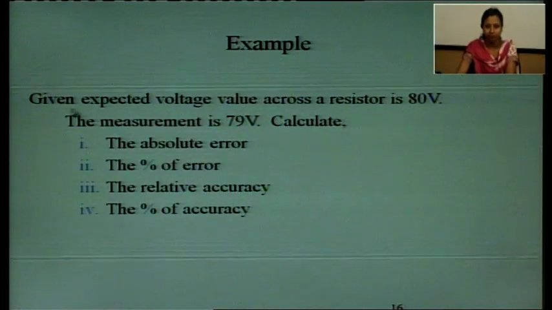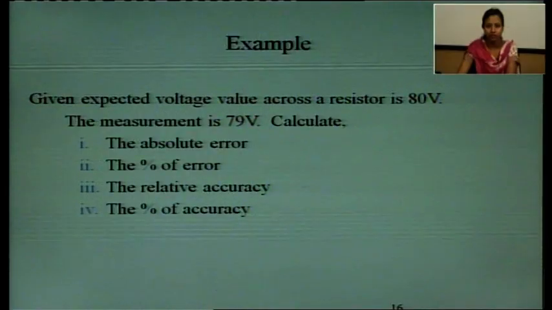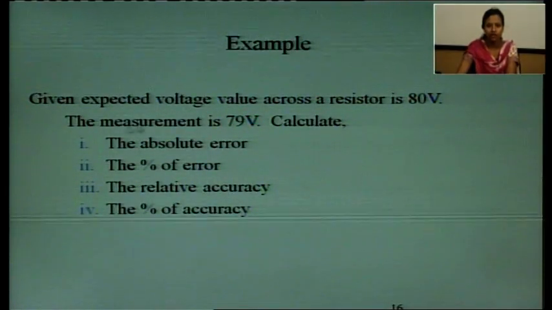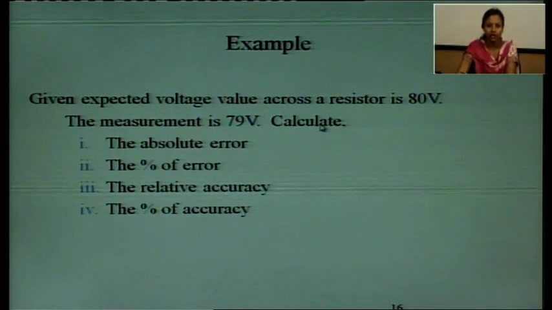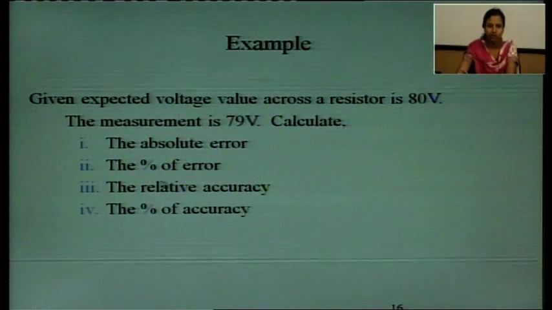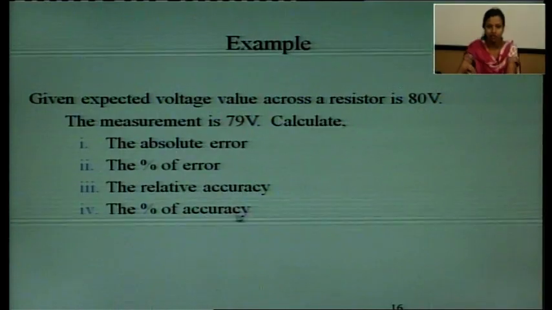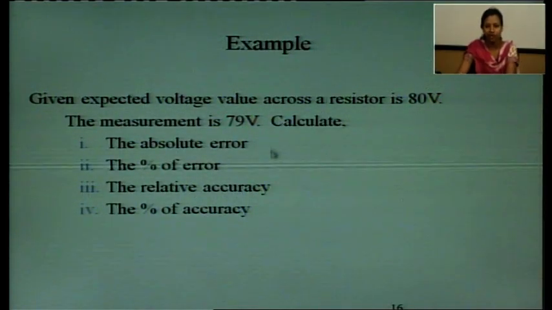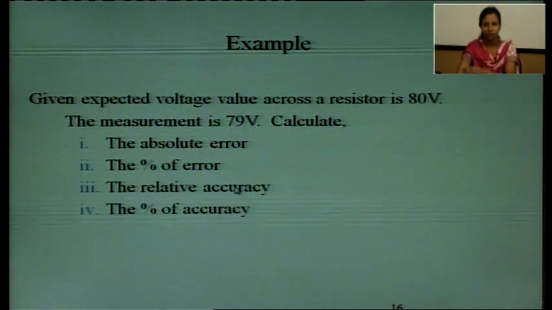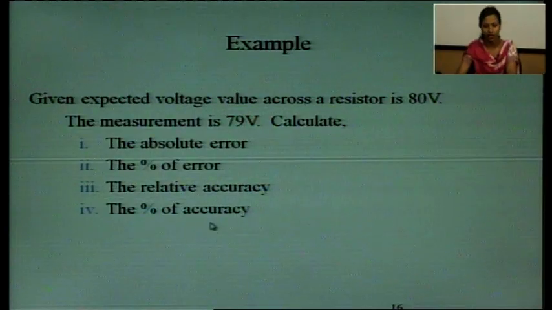Next example is: given the expected voltage value across a resistor is 80 volt and its measurement is 79 volt, then we need to calculate the absolute error, the percentage of error, relative accuracy and percentage of accuracy. So these four things we need to calculate: absolute error, percentage error, relative accuracy and percentage of accuracy.